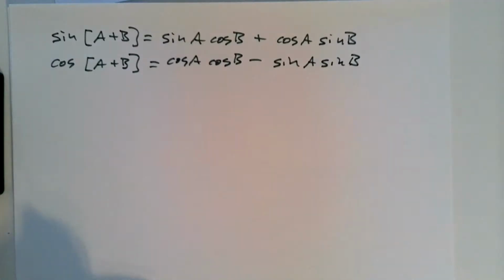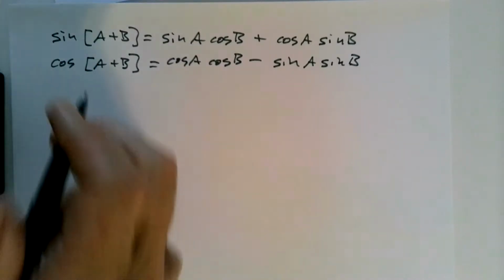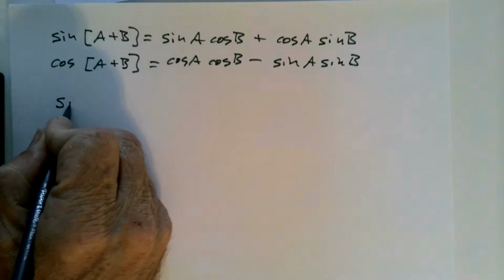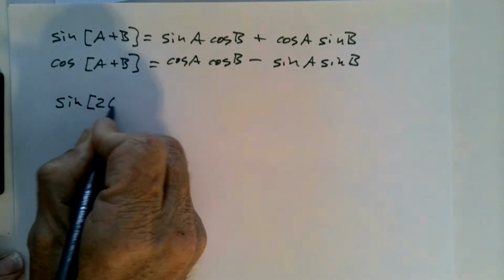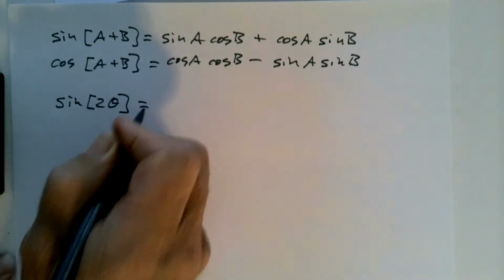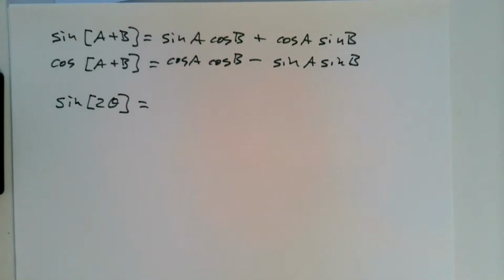So here's what I want first, and then post your answer on the comments so I can check to see what you're doing. And this one I'm going to ask someone other than Kristen to post the answer first. I want you to generate an identity for sine 2 theta. So think about that for a minute.